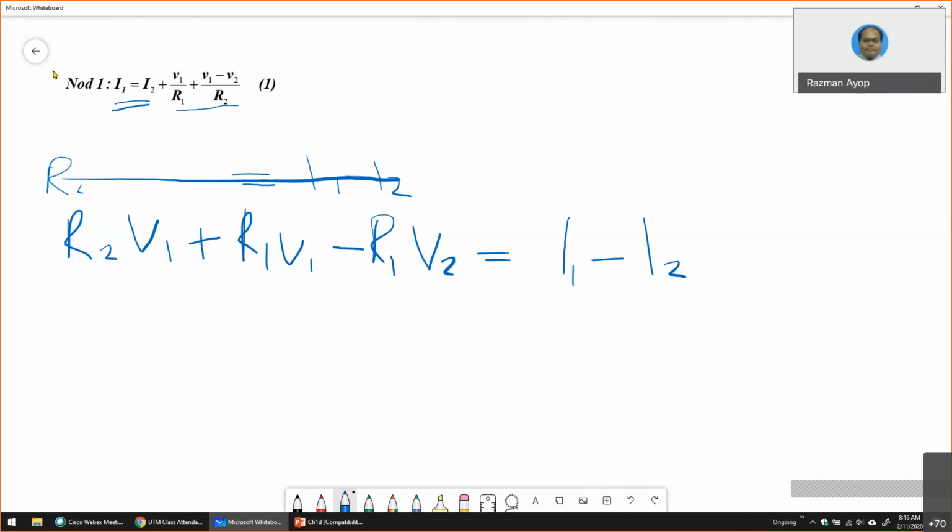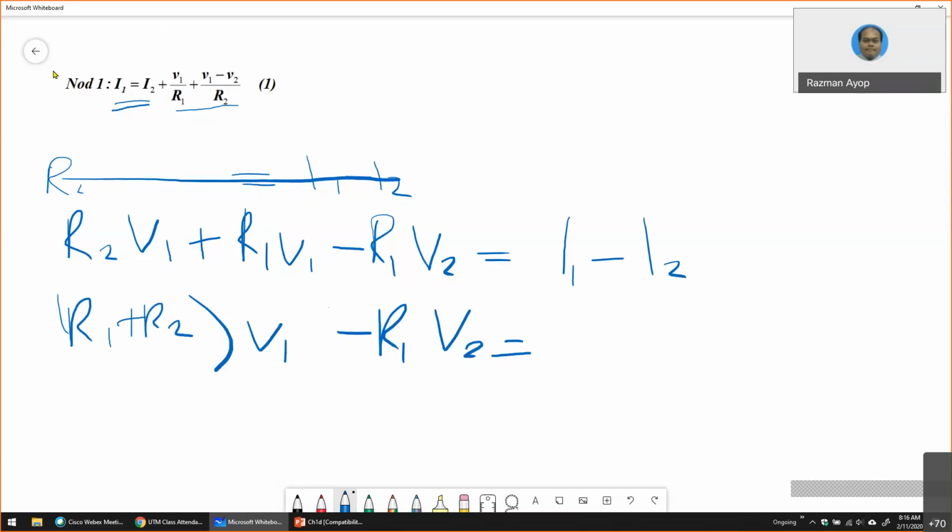So you have to group it. So R1 plus R2 times V1 minus R1 V2 equals to I1 minus I2. So this is a standard form.